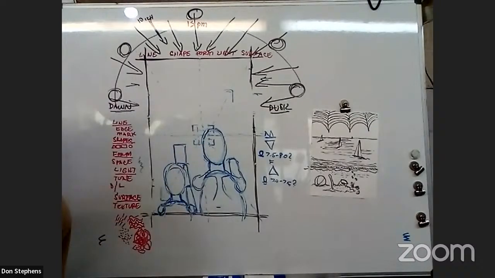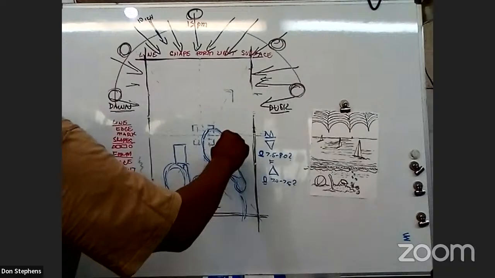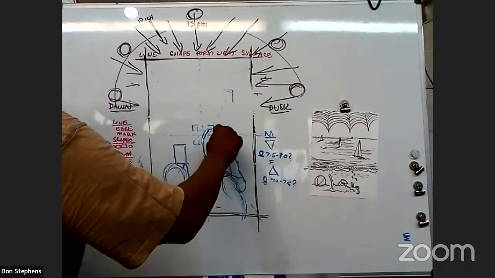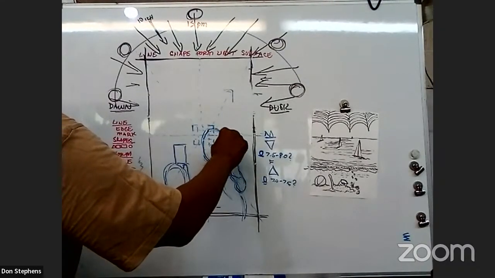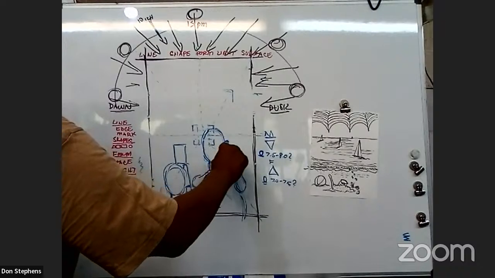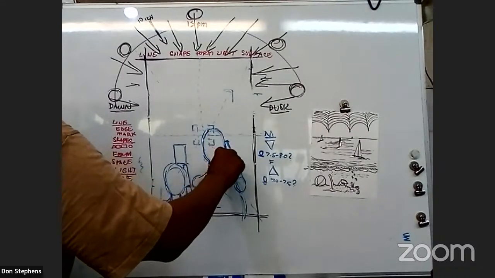Now we need the expression of this individual to jump into play. Because, okay, what is this individual pointing at away from us? See how it's smaller as it goes away?